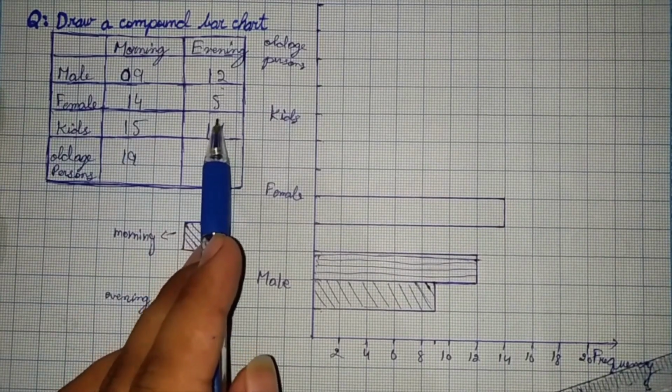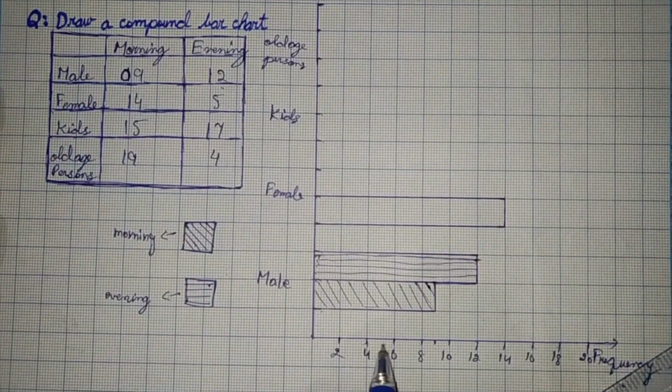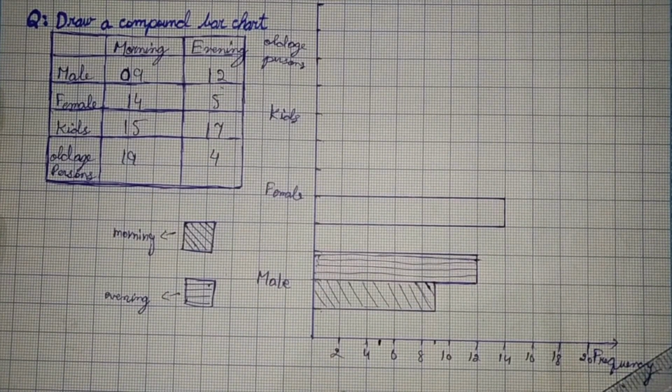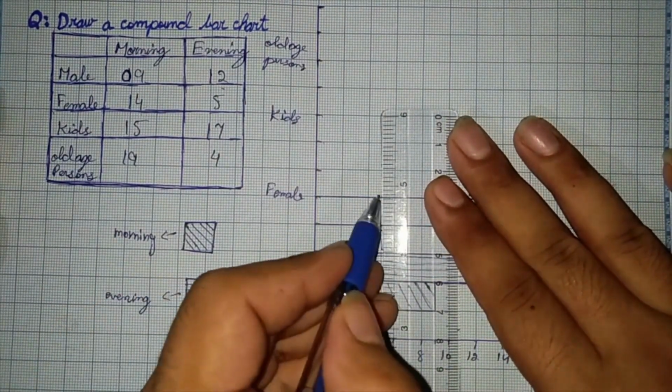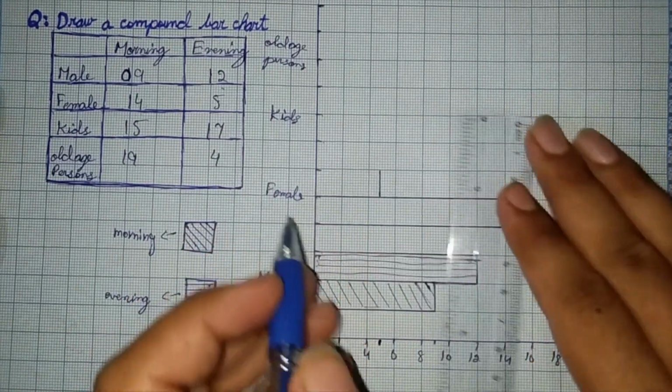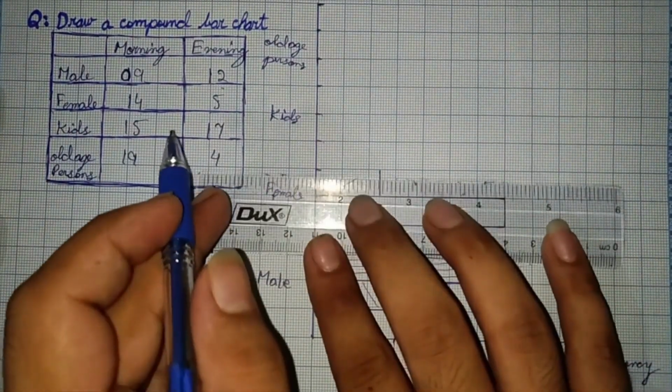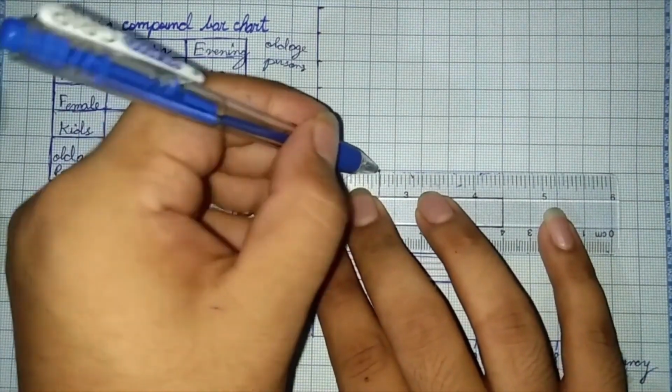Now evening, we have 5 females in the evening, so 5 will just lie here. You can see here we have 5. This line is already present here, so I will just draw this line.